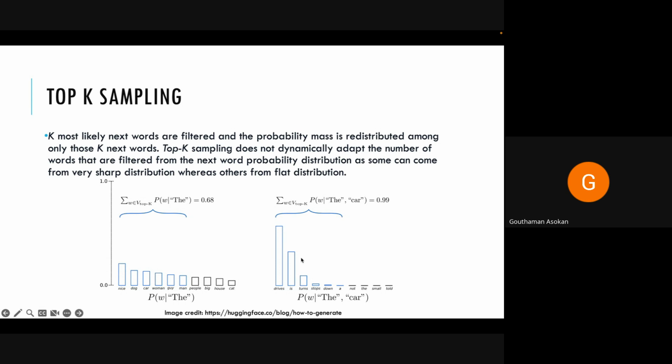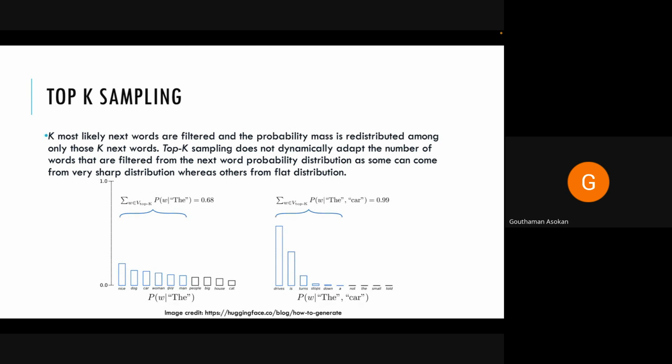The distribution is much flatter. In those cases, if we take the top 6 or something, it could not adapt well. So we need a sampling strategy that dynamically picks the number of tokens, instead of using a fixed hyperparameter.